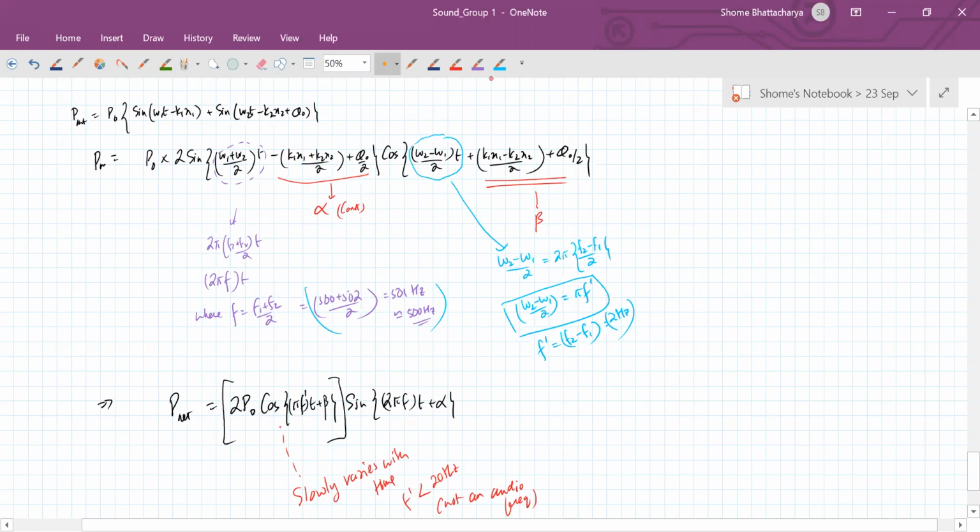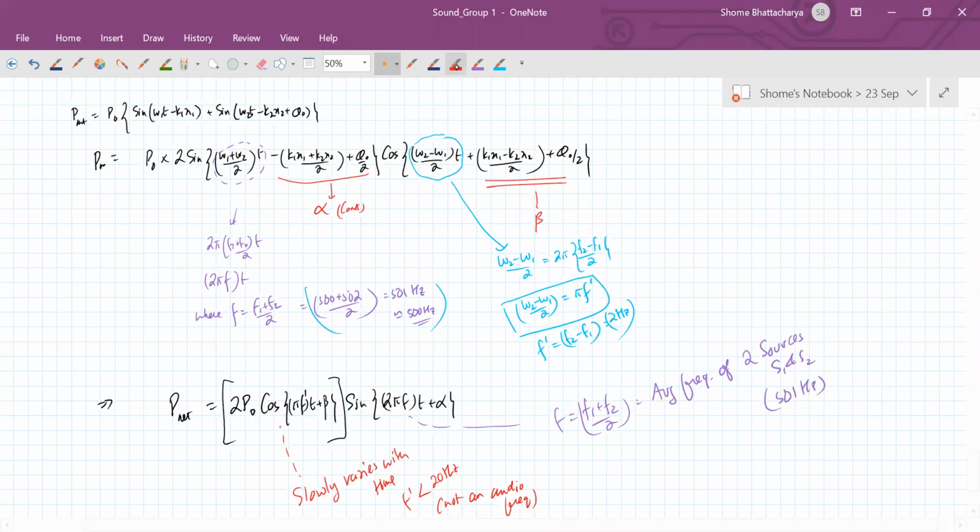Whereas this f over here is the average of the two frequencies. In our particular case, this was 501 hertz, and this f prime was 2 hertz. So it's a very slowly varying term.